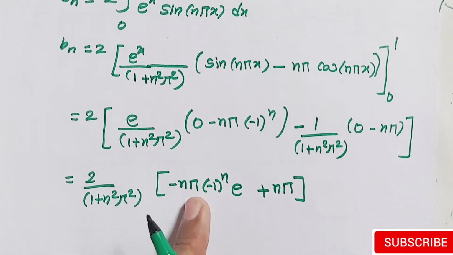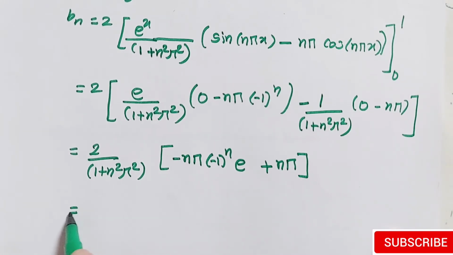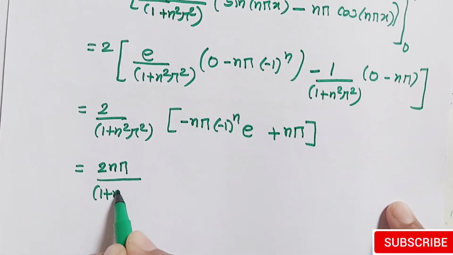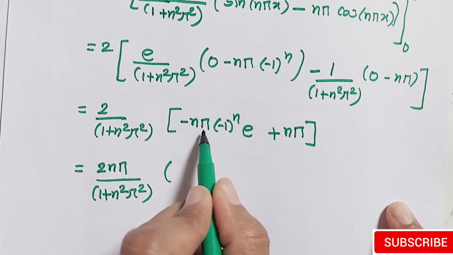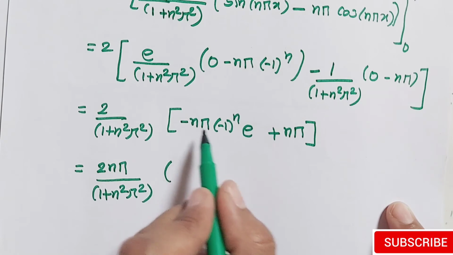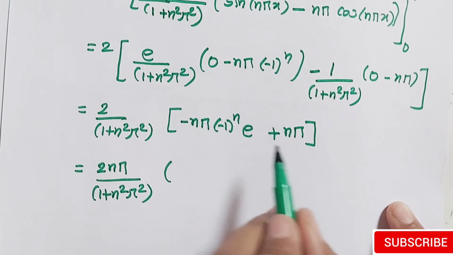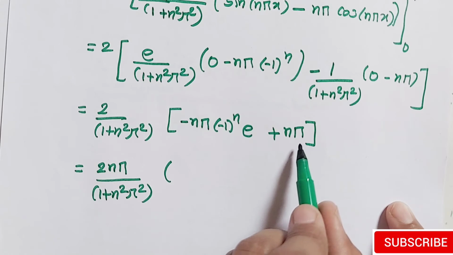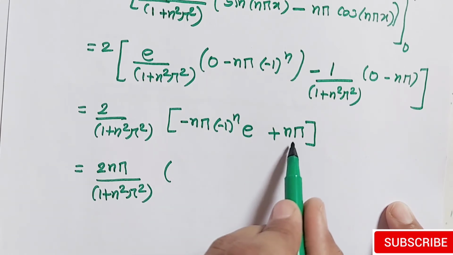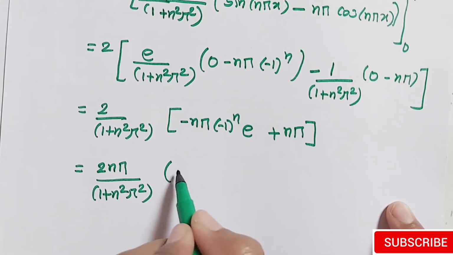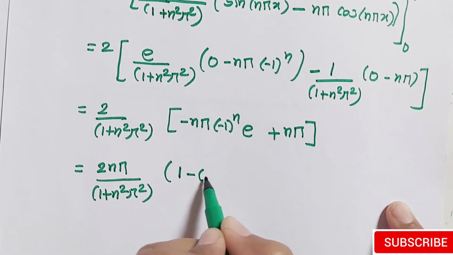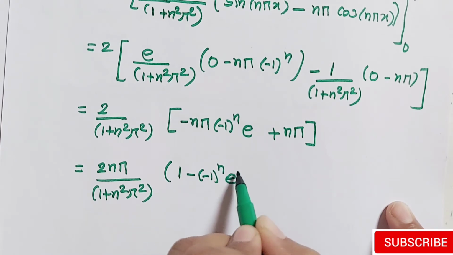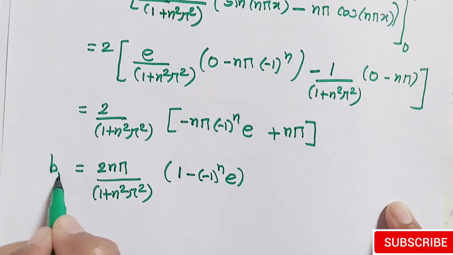Now n pi is also common, so here 2n pi divided by 1 plus n square pi square is the constant outside. Then remaining is minus 1 raised to the power n e, and simply 1. A positive quantity we write first, so n pi is outside and remaining here is 1, and from the other term remaining is minus 1 raised to the power n into e, and this is the value of Bn.